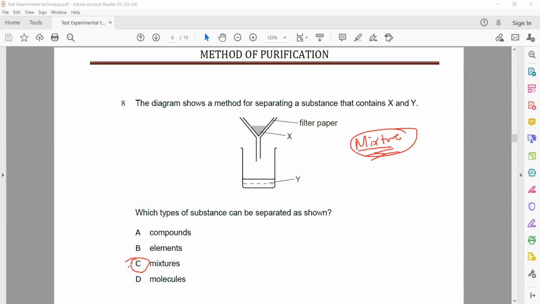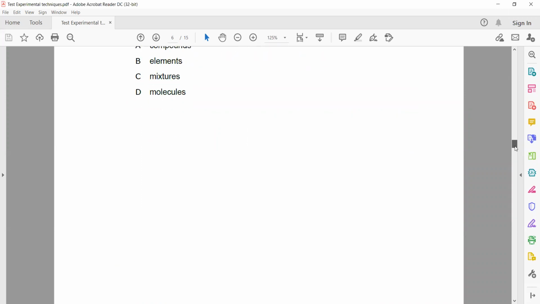That's why C is the right answer, not the compound. Compound means X is combined with Y. It's not like that. There is a mixture, you have particles of X and you have particles of Y. There is no chemical combination. So all these techniques are used to separate the mixture, or the substances present in the mixture.